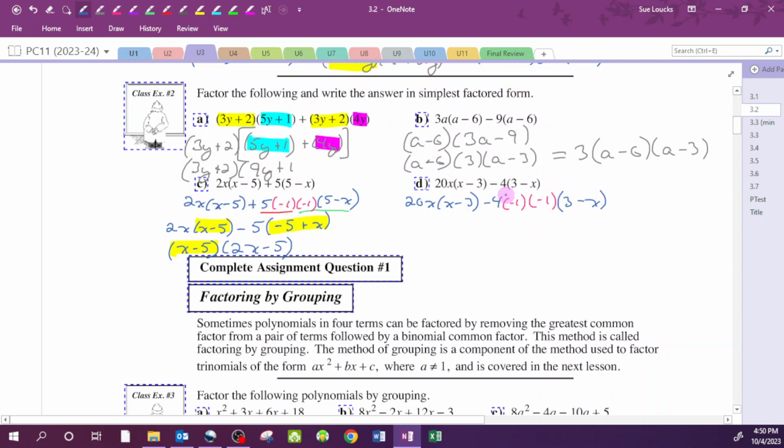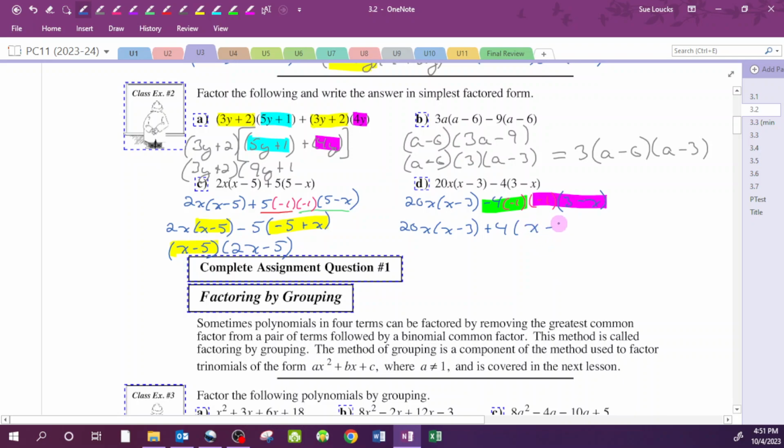Okay, so I just stuck a 1 in the middle there, and I'm going to combine those two, and I'm going to combine those two. So I have 20x times x minus 3 minus 1 times minus 4 is plus 4, and then negative 1 times that is going to be, I'm just going to flip it around.